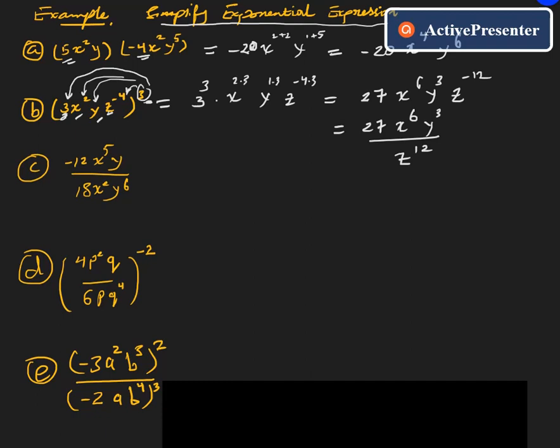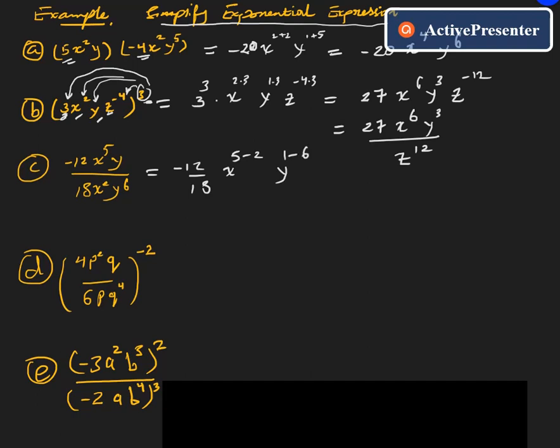The third question, minus 12x to the power 5 multiplied in y over 18 x squared y to the power 6. How to simplify that? This is an easy task, of course. Should be here minus 12 over 18, we would put it aside. x to the power 5 over x to the power 2 should be x to the power 5 minus 2, multiplied in y to the power 1 minus 6.